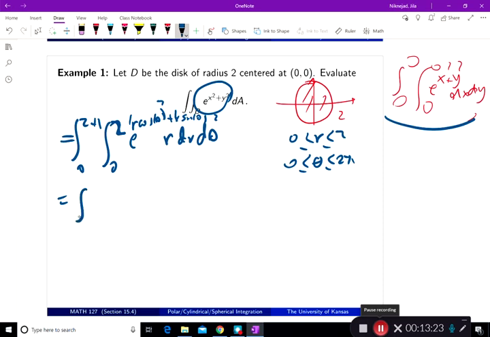So this is going to end up being 0 to 2 pi, 0 to 2, e to the power r squared r dr d theta.